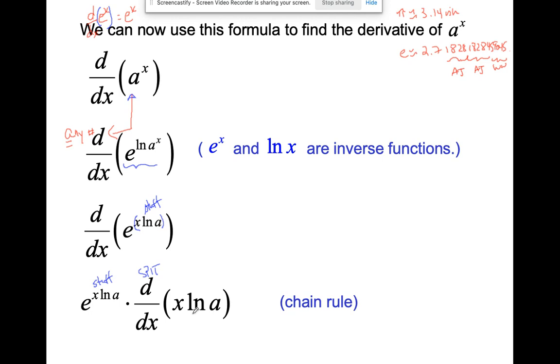But think about this. Remember, a is a number. I don't know what the natural log of 2 is. I don't know what the natural log of 5 is. I don't know what the natural log of 15.17 is, but it is just a number. What's the derivative of a number times x?